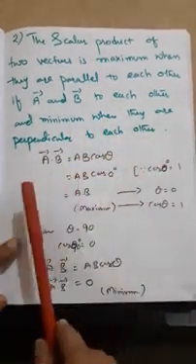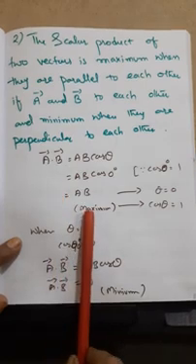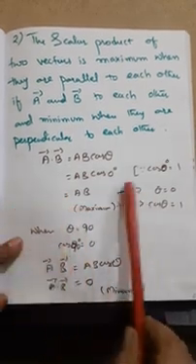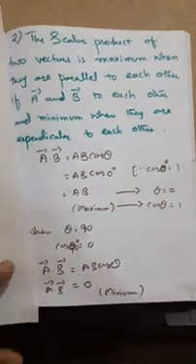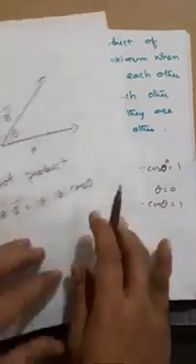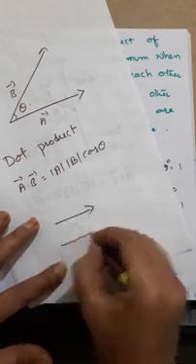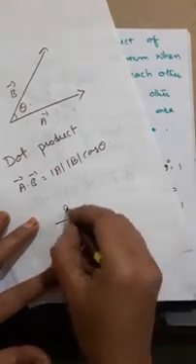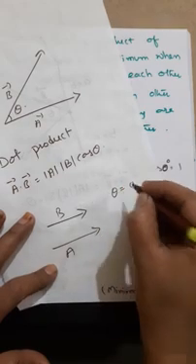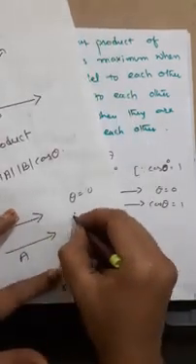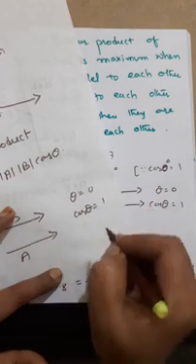So the dot product will be maximum when the two vectors are parallel. For understanding purposes, let us suppose there are two vectors, A and B. In between, if the angle is 0, then cos theta is equal to 1.